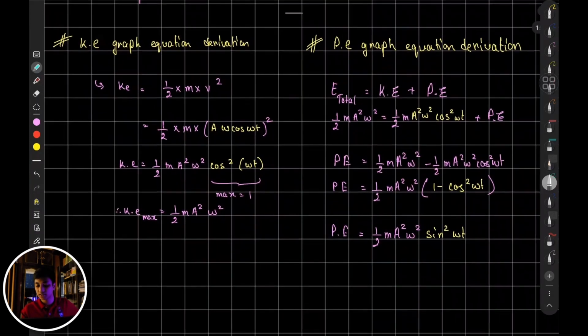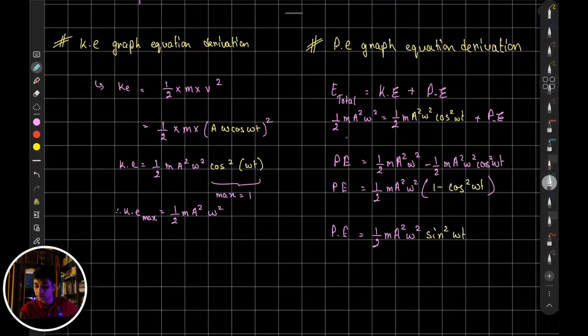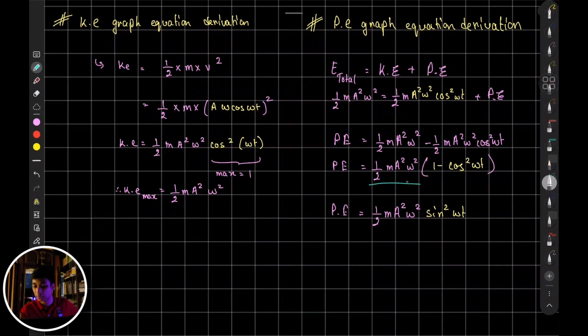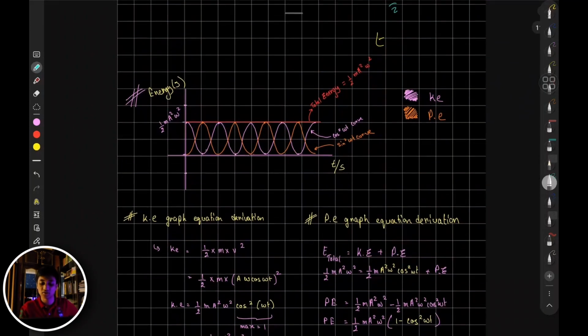So if you make potential energy the subject, you get half m a square omega square minus this, and if you take half m omega square a square common from each of these expressions, you get 1 minus cos square omega t. This, if you go to trigonometry, is actually sine square omega t. So this is how you get a sine square curve for your potential energy curve.